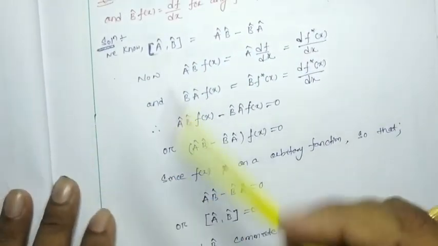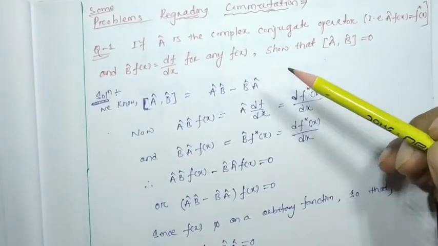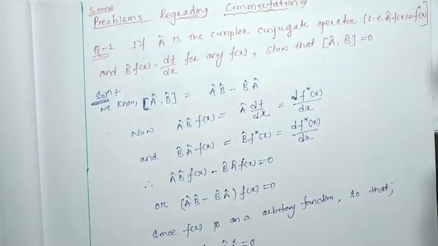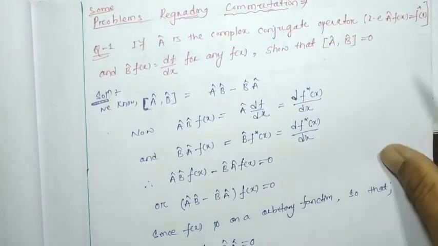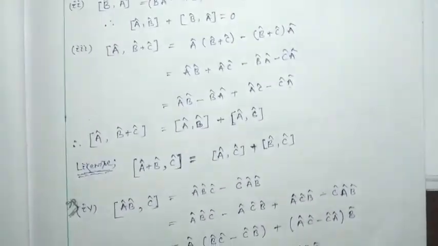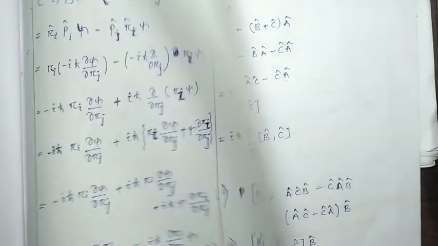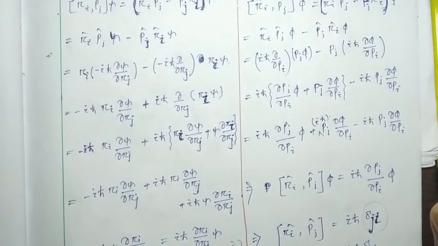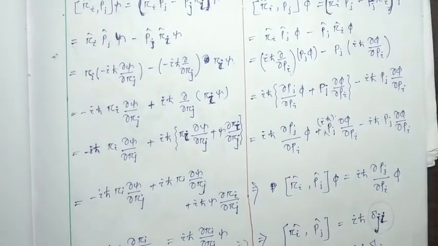Now in our next video we are going to discuss some problems regarding commutation. So for this video, go through this much, and wherever required, I suggest that you pause the video and write the notes.